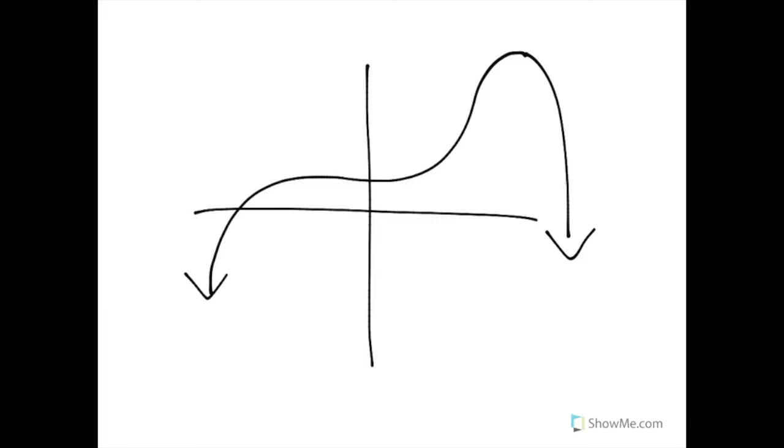If you look at this first piece, does this look more like a smile or a frowny face? Well, it looks like a frowny face. So this piece right here is concave down, and at some point in here, there's a point somewhere. I don't know exactly where it is.